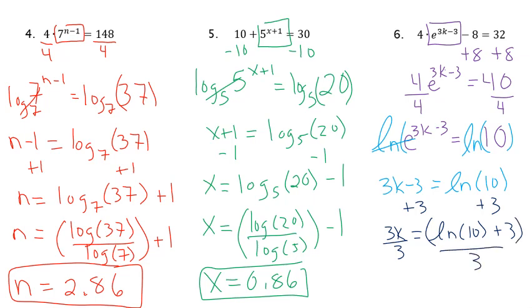So I might use a parenthesis there. And then we can actually put this entire piece in our calculator, right? So we have the natural log of 10. We don't have to do base change because it's the natural log, plus 3. The whole thing divided by 3, you're going to get 1.77.